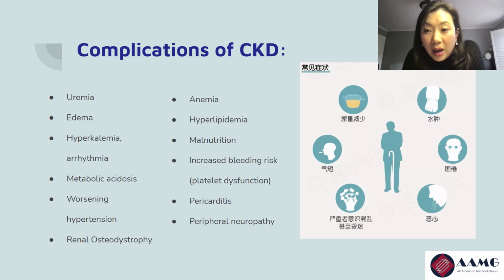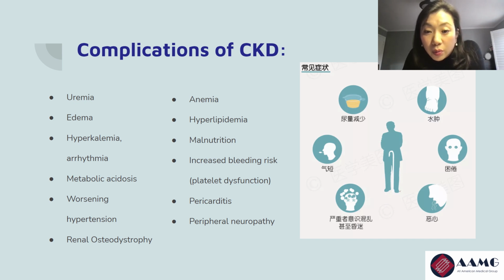People would also have anemia because the kidney is an important organ in our body to generate a hormone to tell our bone marrow to make blood cells. Also, we'll see a worsening condition in their cholesterol and triglyceride panels, causing hyperlipidemia. They will have malnutrition because oftentimes the kidneys are not able to hold on to the protein that's useful and helpful to our body.